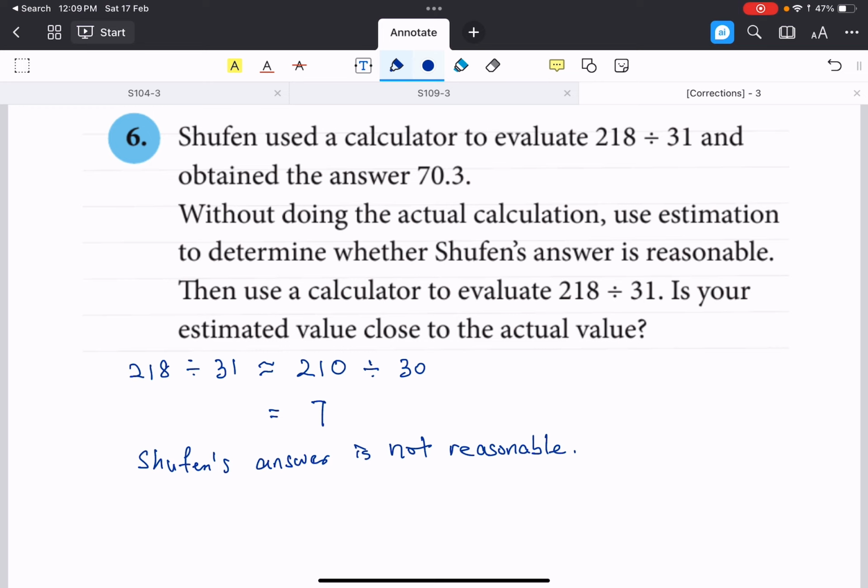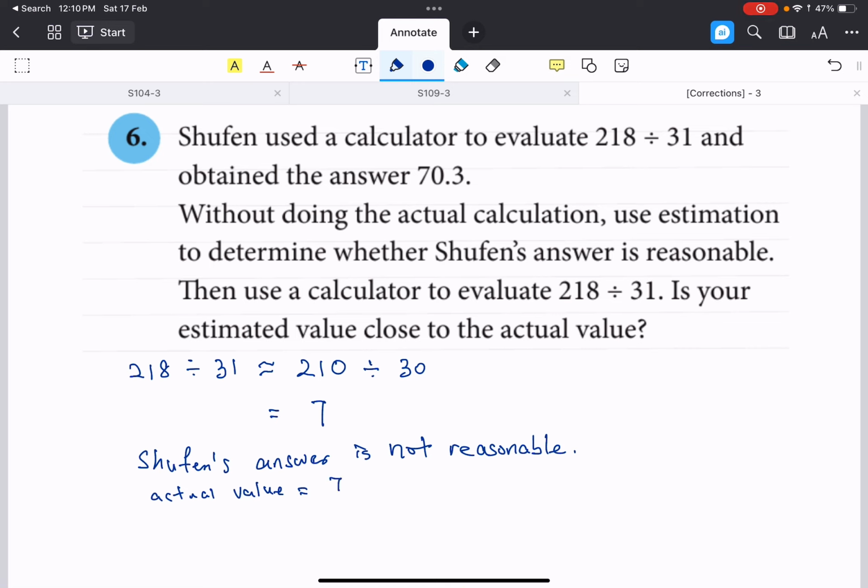Then after that, we can find the actual value. The actual value, we have worked it out earlier.